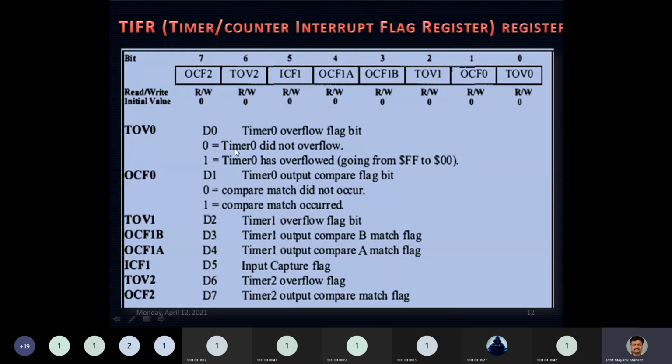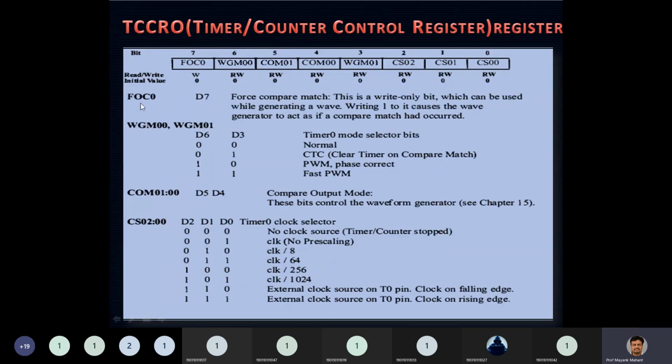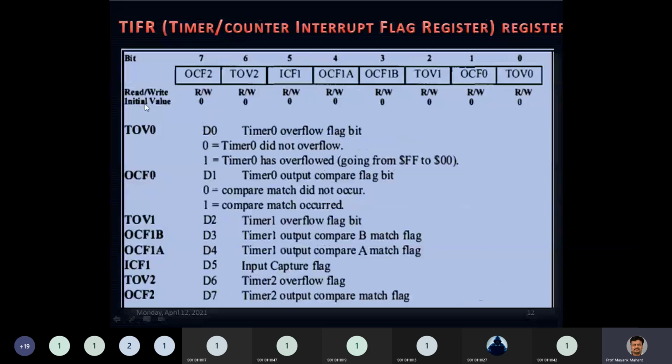It equals 0 when timer 0 has not overflowed, and it equals 1 when timer 0 has overflowed. In the same way we have OCF0, which tells whether a compare match occurred or not. If a compare match occurs, it raises the flag.